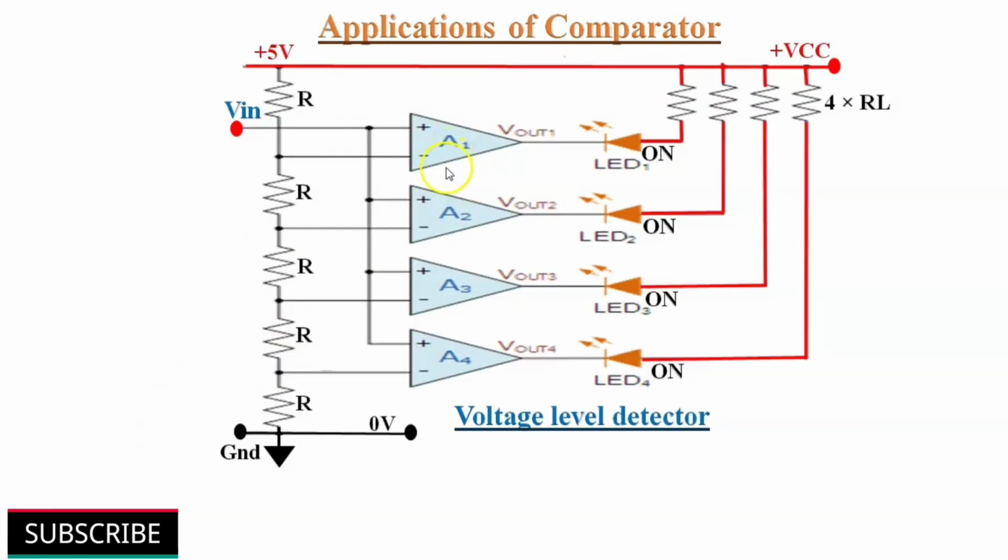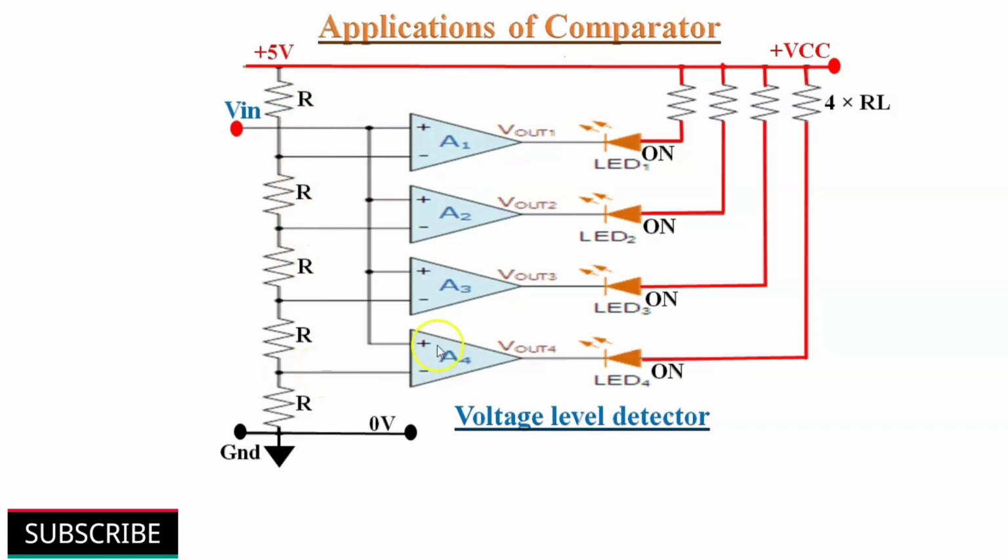This change is so rapid that we get a square wave output for a sine wave input signal. By connecting a number of op-amp comparators together and applying a common input signal to them, but with each comparator using different reference voltage levels, we can construct a voltage level detector circuit. To keep things simple, we are using 5 equal value resistors in the voltage divider network.